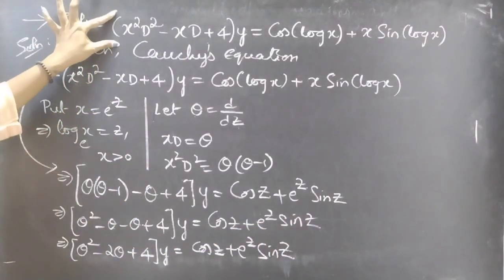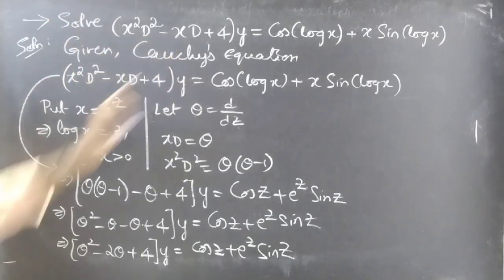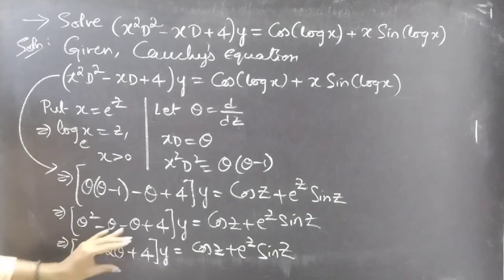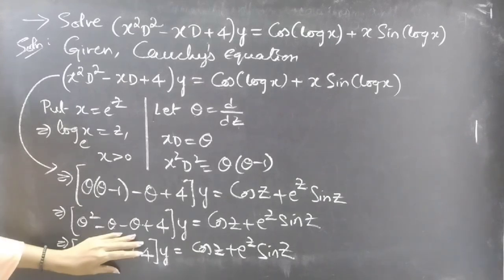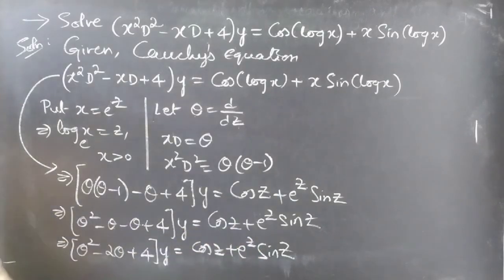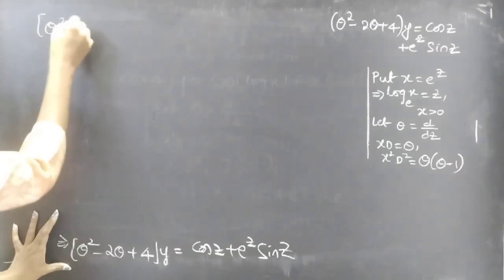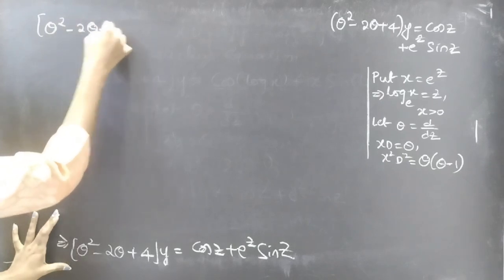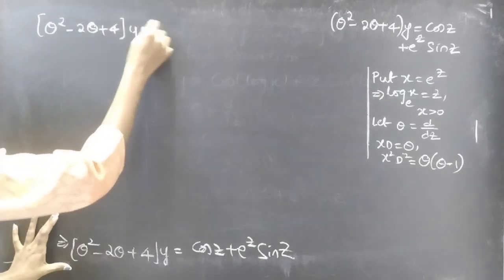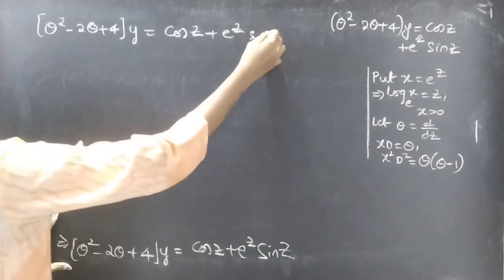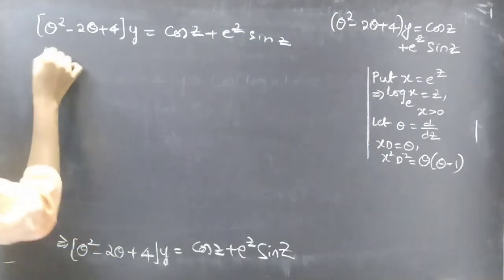So we have reduced the given differential equation with variable coefficients to a differential equation with constant coefficients, and also this is in operator form, f(θ) y equals some function of z. So this equation (θ² − 2θ + 4) y equals cos z plus e^z sin z is in operator form.